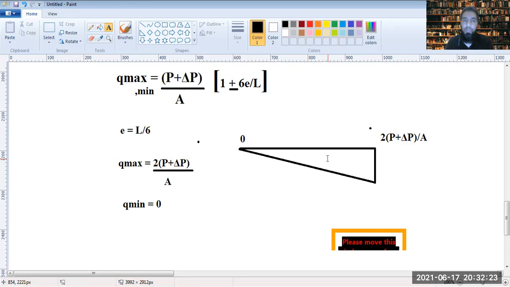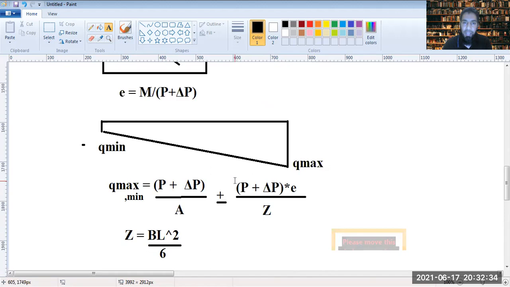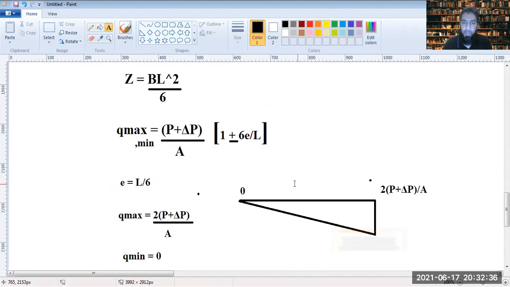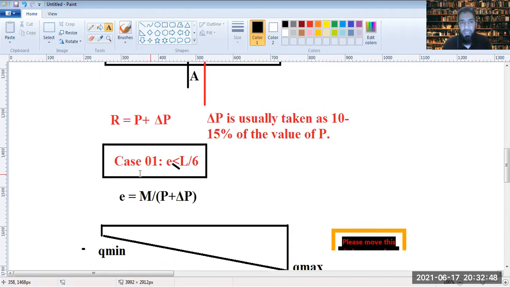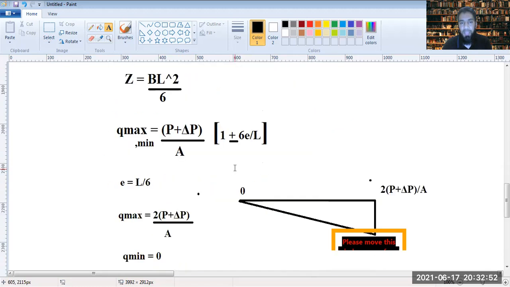This is a non-uniform load distribution of the soil contact pressure, and thereby the soil reaction offered is not uniform, but all of the soil is in contact with the footing up to the case of E less than or equal to L by 6.